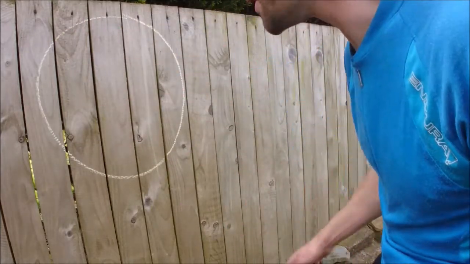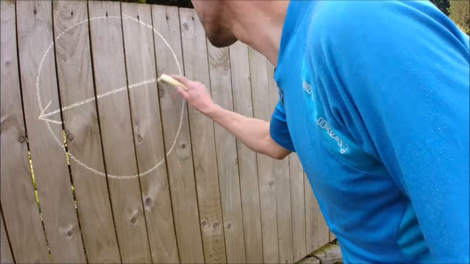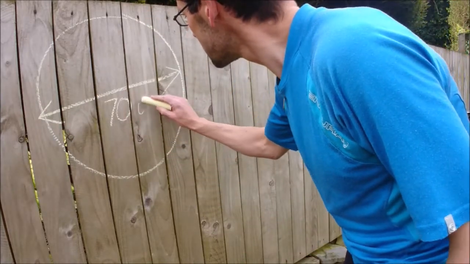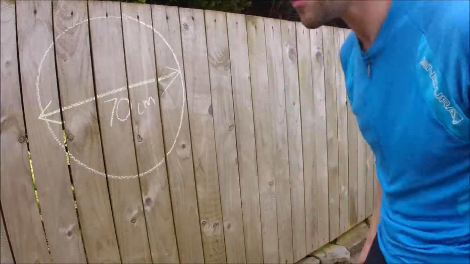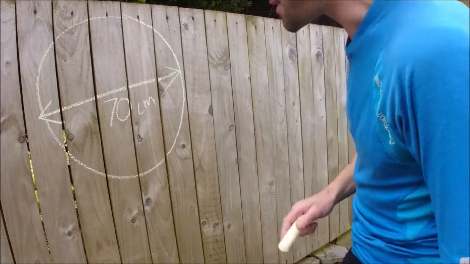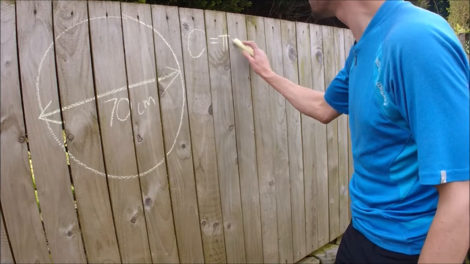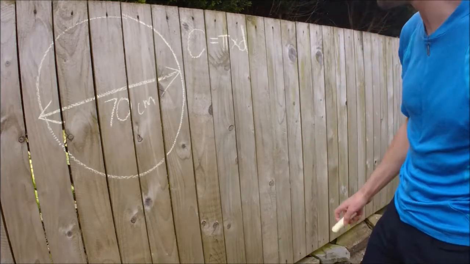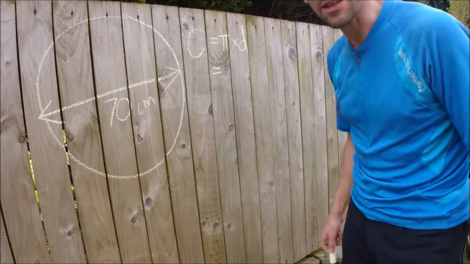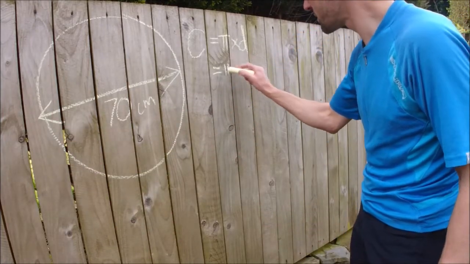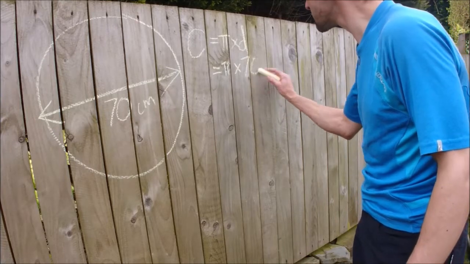Here we have our wheel, and we know that the diameter is 70 centimetres. Now, you've learnt that the circumference is equal to pi times the diameter. So if you're going to work out the circumference, the distance all the way around the wheel, you need to do pi multiplied by 70.